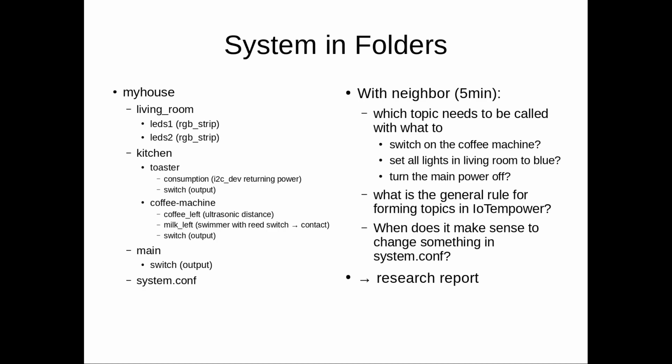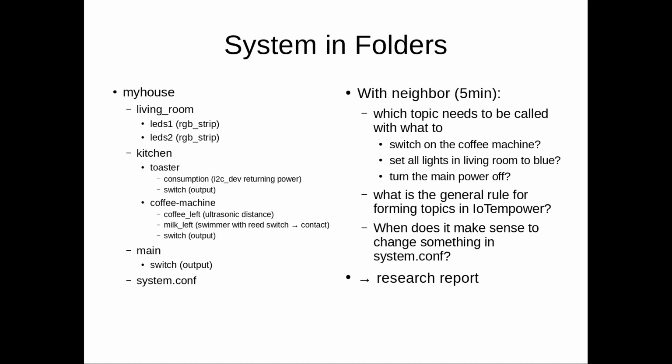So imagine we have such a folder structure in there. We have my house, and there's a main folder, my house. There's a subfolder in there, the living room, and in the living room are LEDs 1 and LEDs 2, and there's a kitchen, there's a toaster and a coffee machine.